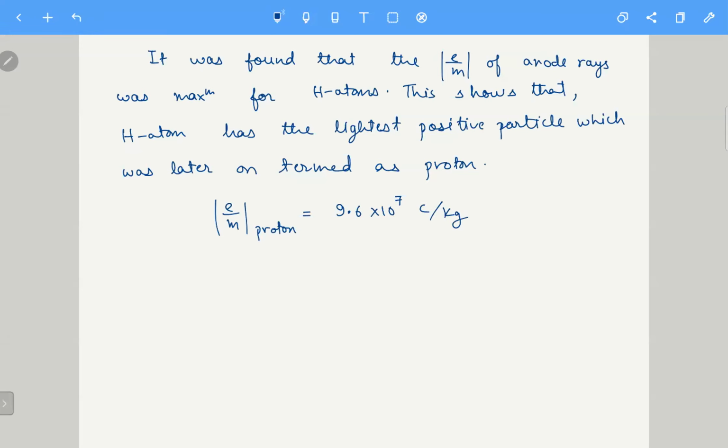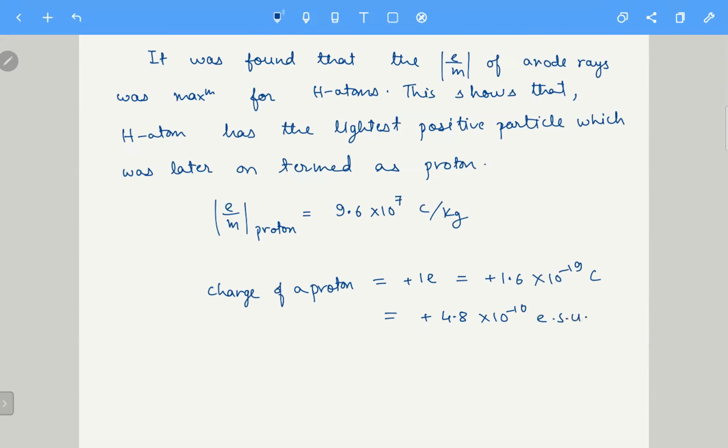Charge on a proton is exactly the same as the charge on an electron. The magnitude is the same. It is plus 1 e, plus 1.6 into 10 raised to minus 19 coulomb, or plus 4.8 into 10 raised to minus 10 esu.